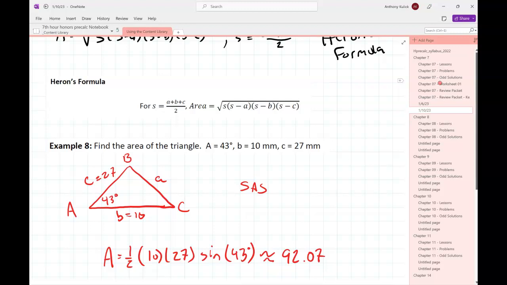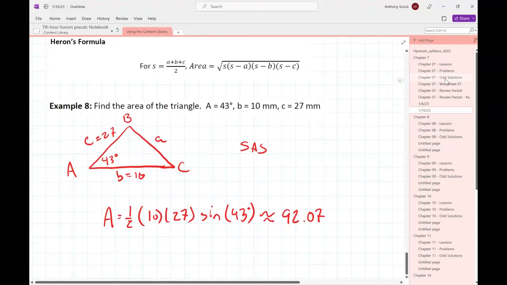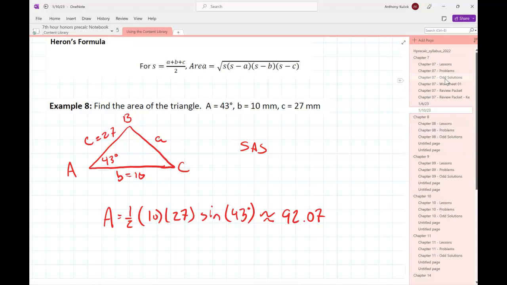So 9207 is an answer, but it's incomplete. What do I still need to have with this answer? A unit. What unit should be attached to this? Millimeters squared. Mr. Kulik, will you be picky about that on the test?